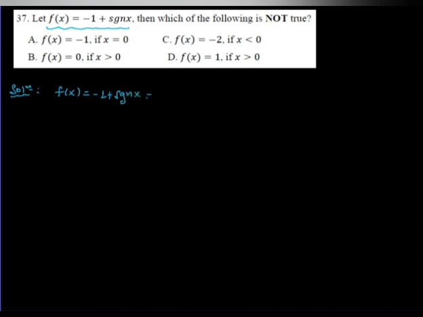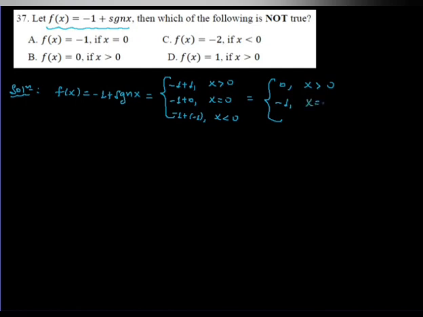This can be written as minus 1 plus 1 for x greater than 0, because sgn of x is 1 for x positive, and minus 1 plus 0 for x equals 0, minus 1 plus minus 1 for x negative. So this can be written as 0 for x greater than 0. It becomes minus 1 for x equals 0, and it becomes minus 2 for x less than 0.